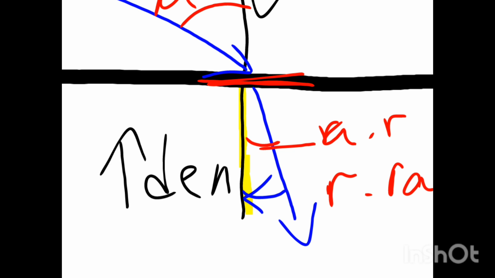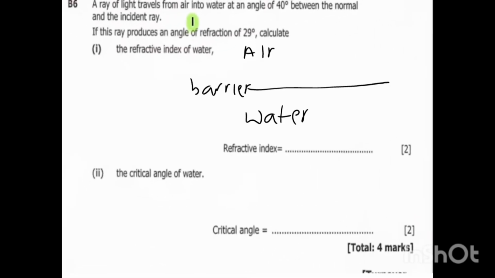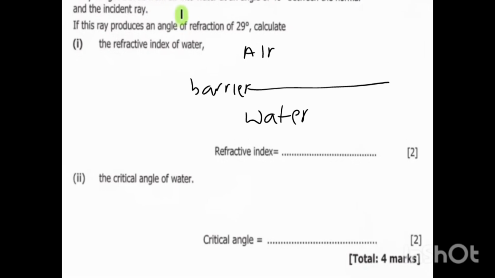Okay, so to go back to answering the question, our question was saying a ray of light travels from air into water at an angle of 45 degrees between the normal and the incident ray. The diagram is already here.